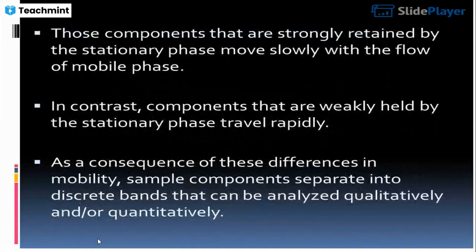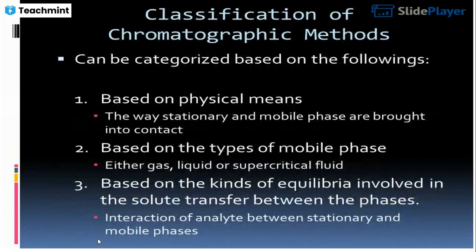Those components that are strongly retained by the stationary phase move slowly with the flow of the mobile phase. In contrast, components that are weakly held by the stationary phase travel rapidly. As a consequence of these differences in mobility, sample components separate into discrete bands that can be analyzed qualitatively and/or quantitatively. Classification of chromatographic methods can be categorized based on the following.